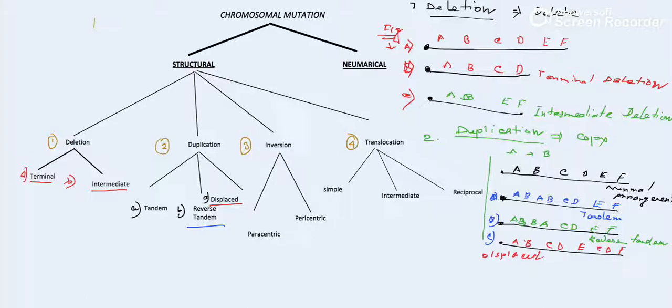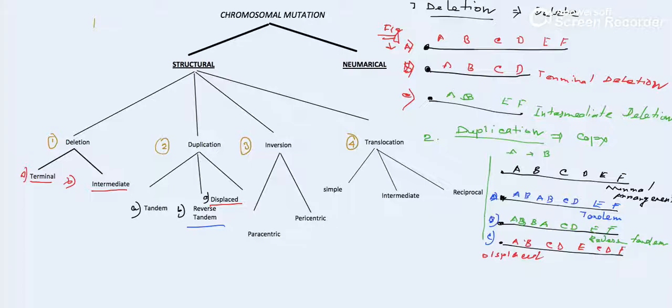Duplication may be tandem duplication. If two genes or one gene is copied and present next to the previous gene, such duplication is known as tandem duplication. If it is copied but present in a reverse way, like AB is the tandem duplication, but ABBA is the reverse tandem duplication.